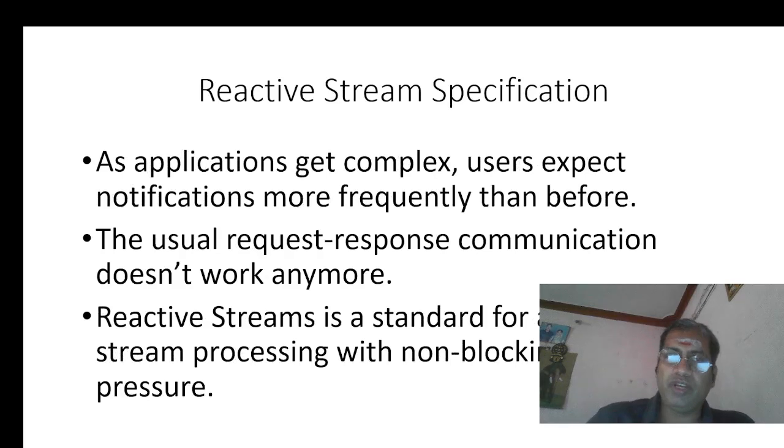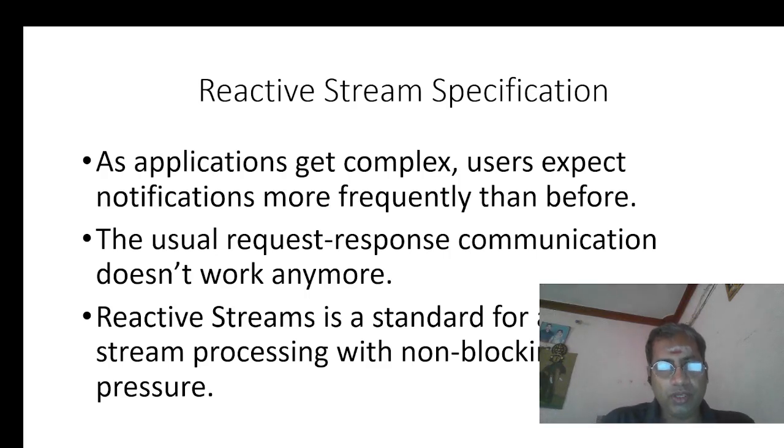Reactive stream specification. Let's now talk about the reactive stream specification. As applications get complex, like what we saw in the case of asynchronous non-blocking I/O, the users expect notifications more frequently than before. The usual request-response communication doesn't work anymore.